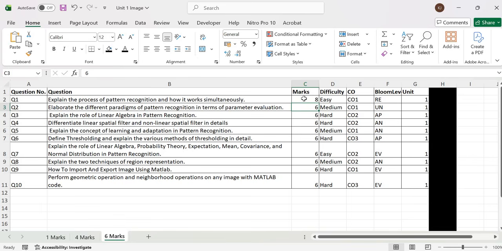Very important. So preparation strategy for 8 marks. So students should focus on complete topic understanding. Number 1. Number 2, step-by-step explanation. Number 3, algorithms. Number 4, mathematical concept. Number 5, numerical practice. At last, diagram preparation.